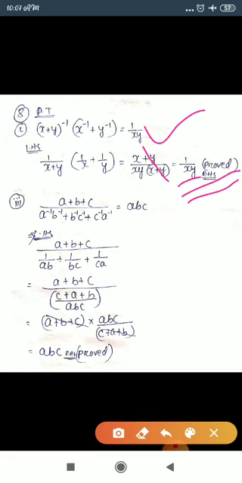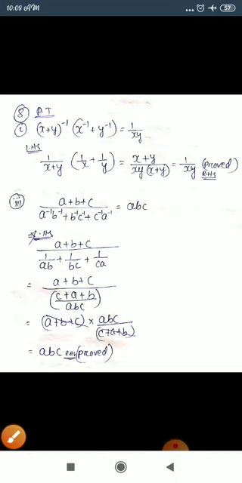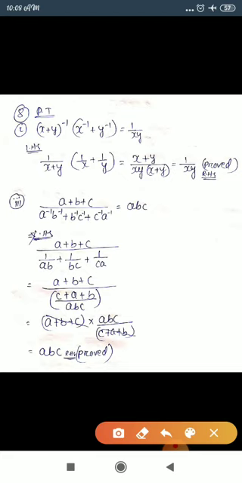And question number 3: (a plus b plus c) by (a inverse b inverse plus b inverse c inverse plus c inverse a inverse) equal to abc, you have to prove. Okay, so let us take the LHS. Okay, like this, and this inverse, as I said before, you have to change the exponent into positive exponents. So that's why here it will be 1 by ab, 1 by bc and 1 by ca. Okay, now just see, solve the denominator.